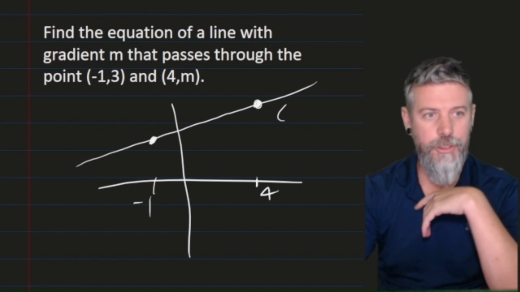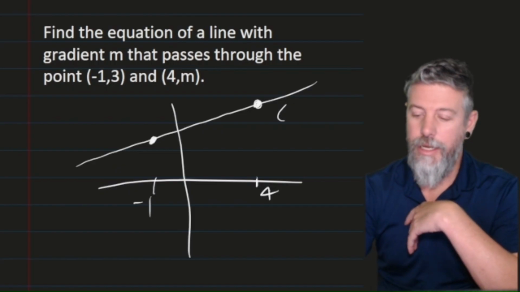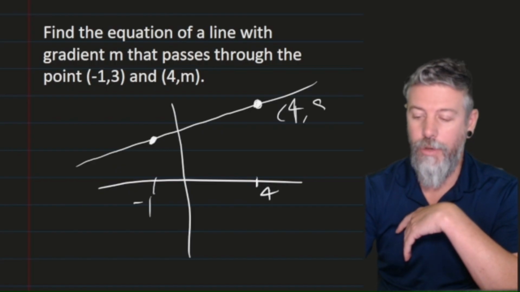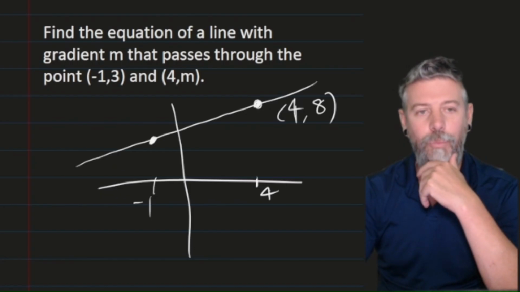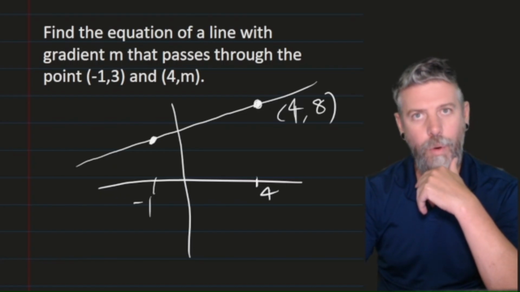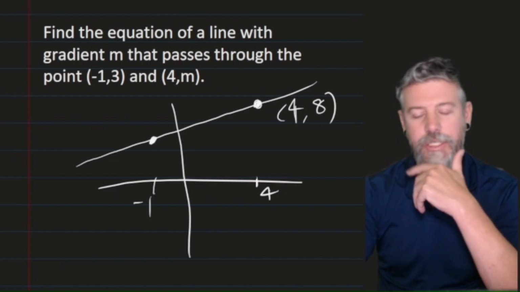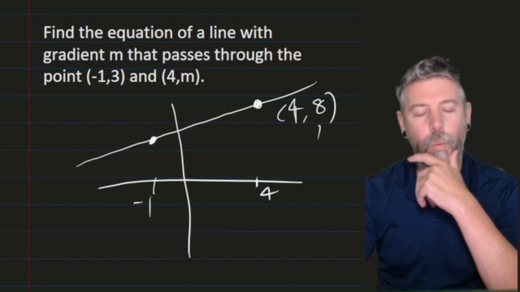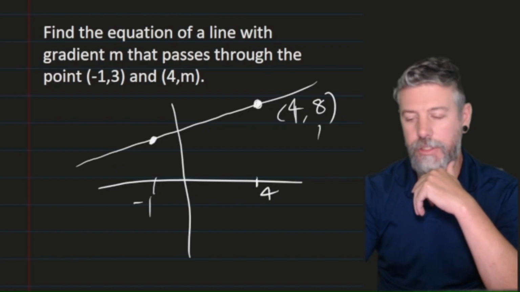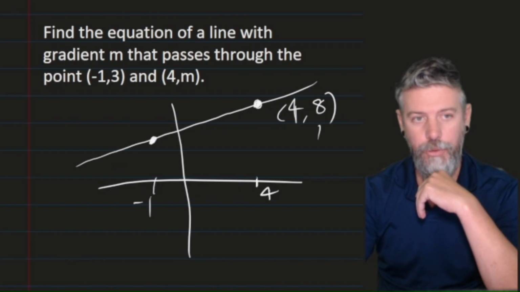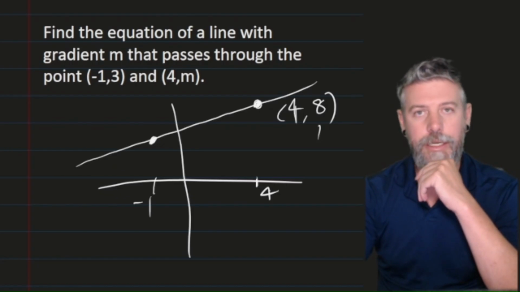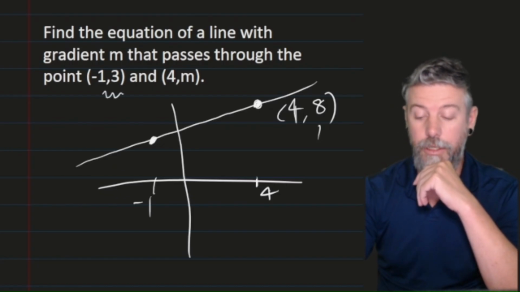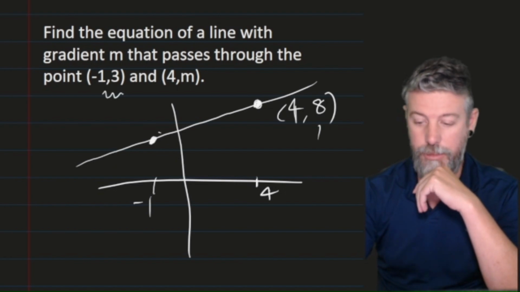So it means it would have gone across 5 and it would have gone up 5. And we would have hit this at (4, 8). So we can't go across 1 and up 1 and then hit it at 1, because that's what this question's actually saying, that this 8 would need to be a 1 to work. You notice that it's a lot further below where we end up. So in fact, we would even need a gradient that is bigger than 3 to even be above this point.